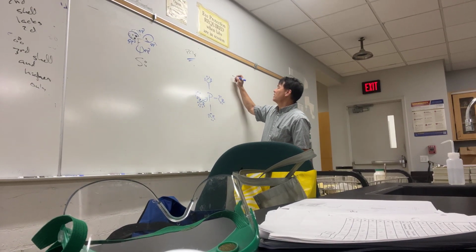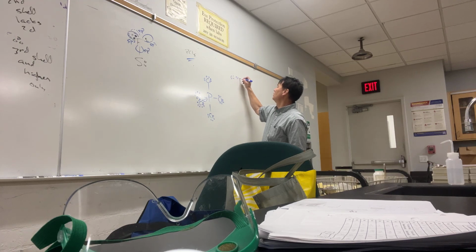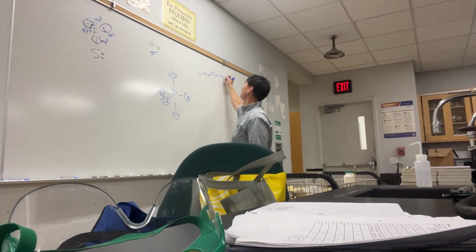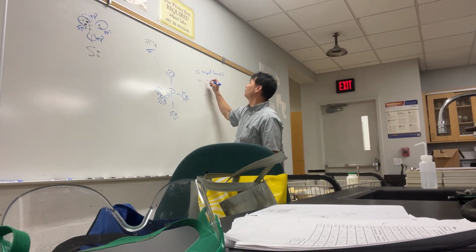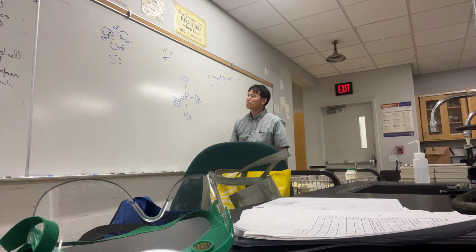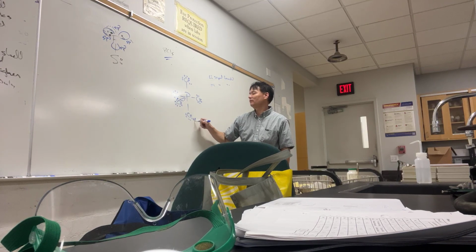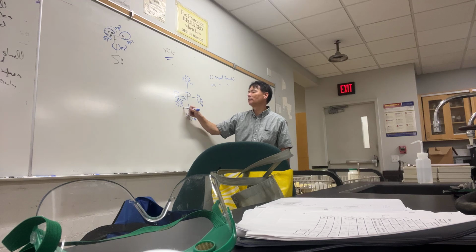So this one is going to have an EG that's going to be trigonal bipyramidal and an MG that's trigonal bipyramidal. We can label the chlorines axial and equatorial here.